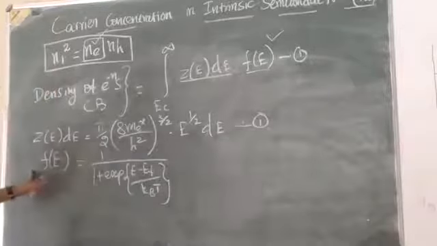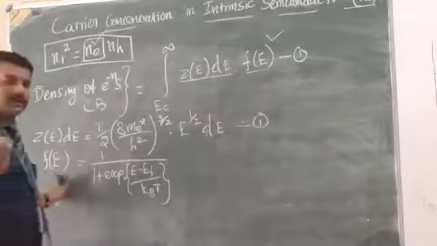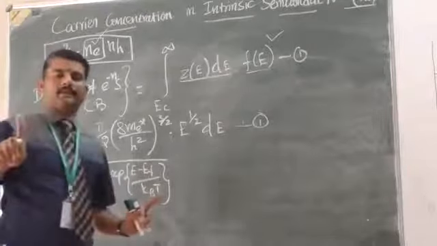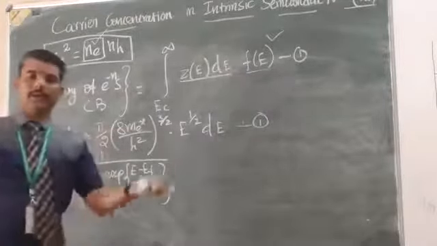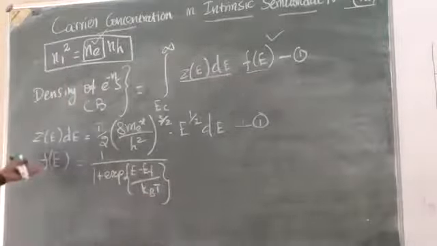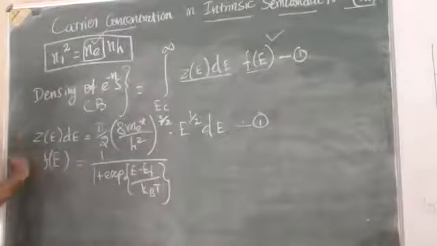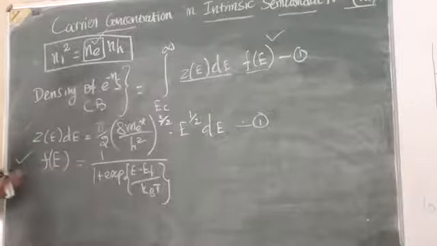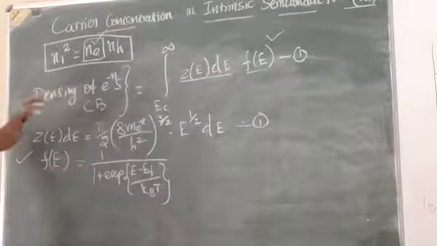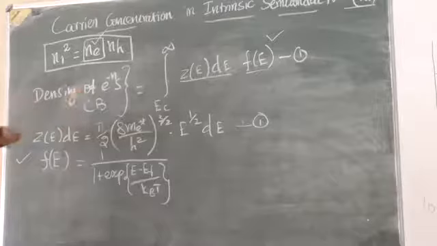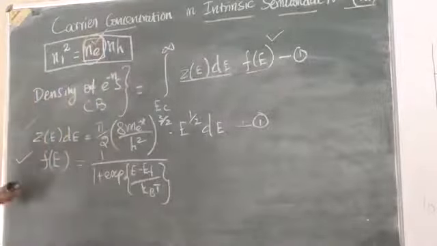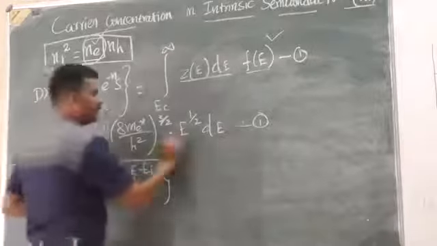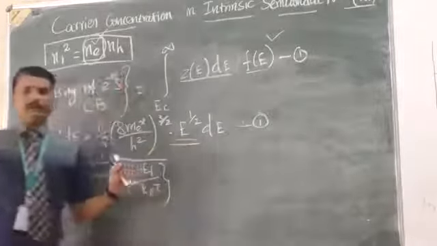If f of E is 1, it means the electron occupies the energy state. If f of E is 0, there is no electron in the energy state. So these two terms are most important for calculating the density of electrons in the conduction band, that is N.